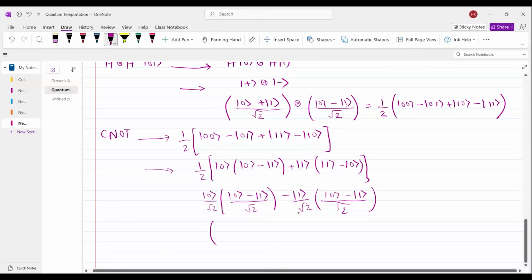Since the states in the brackets are the same, we can write it like this. And as I mentioned earlier, when I write brackets like this, it means there exists this tensor product structure.